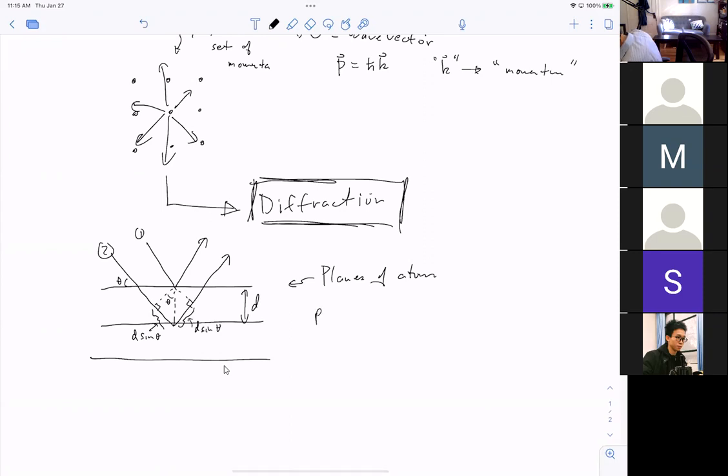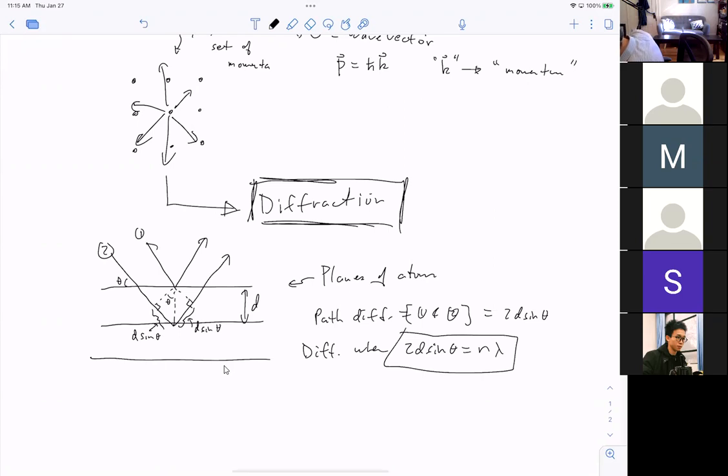And so the path difference for the two beams of light, 1 and 2, is equal to 2d sine theta. And then you get diffraction when 2d sine theta is equal to an integral number of wavelengths, where that's the wavelength of the light coming in, and this is the wavelength of the light going out.